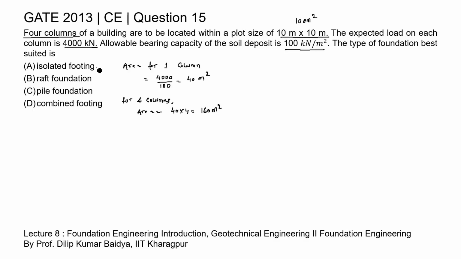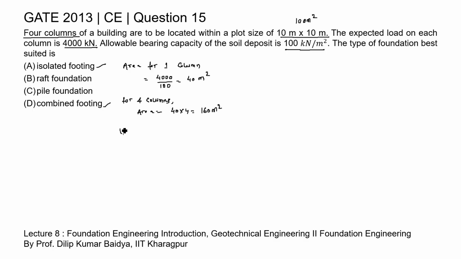So isolated footing or combined footing is not possible for this plot size. Now for raft foundation, the expected load on each column is 4000 and there are total 4 columns.